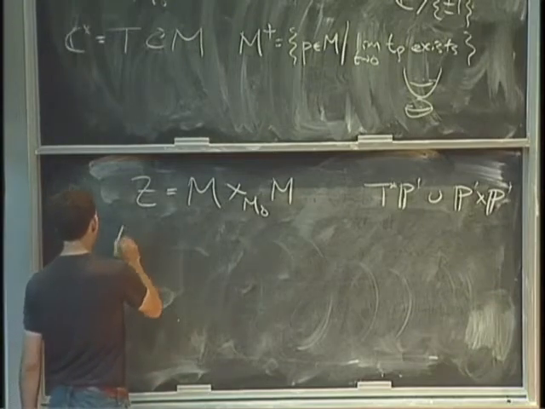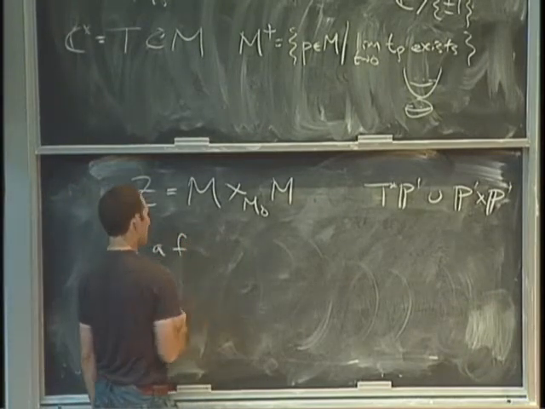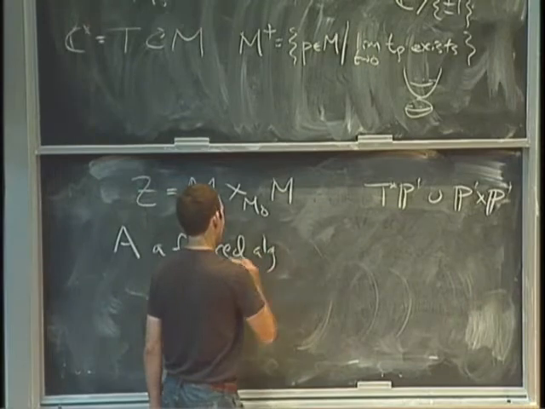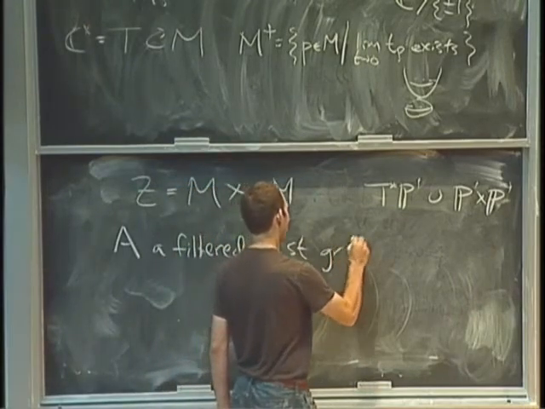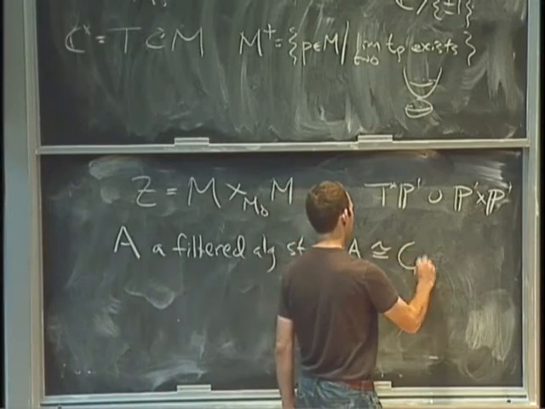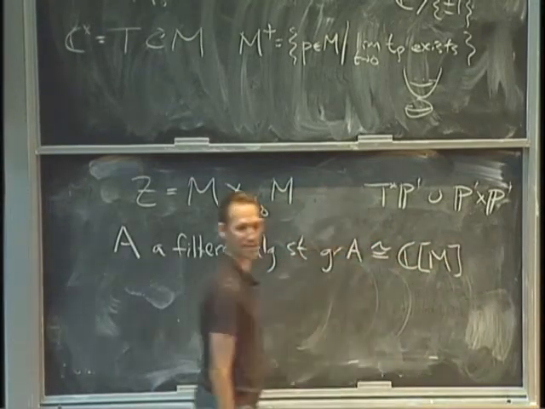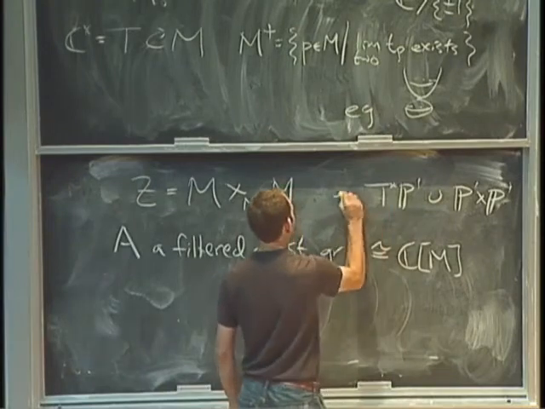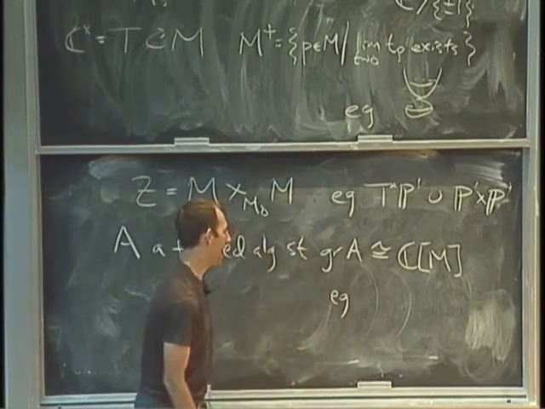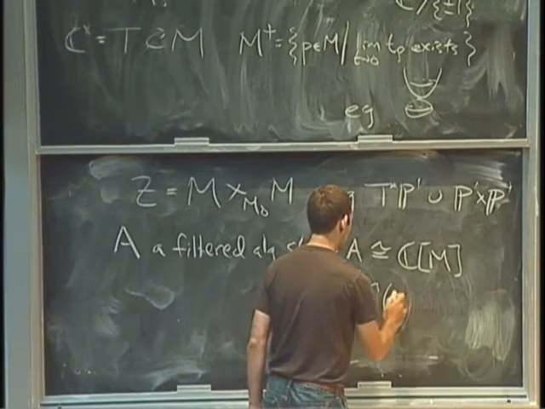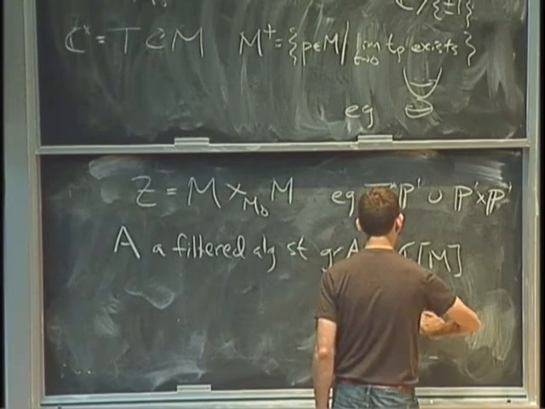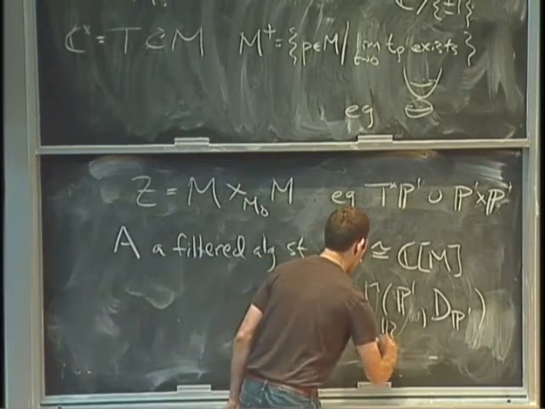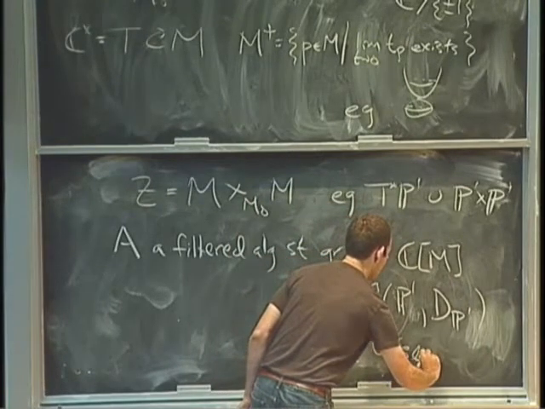And I had an algebra A, the sections of my quantization, which was a filtered, non-commutative algebra, such that when I take the associated graded, it becomes commutative and isomorphic to functions on M. Back in my running example, A was global differential operators on P1, which was actually isomorphic to a quotient of the universal enveloping algebra of SL2.